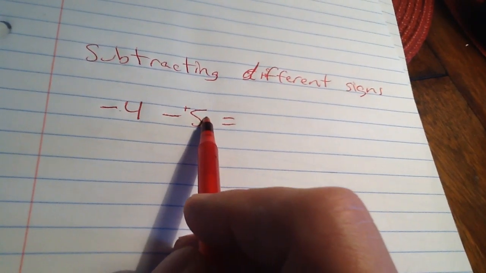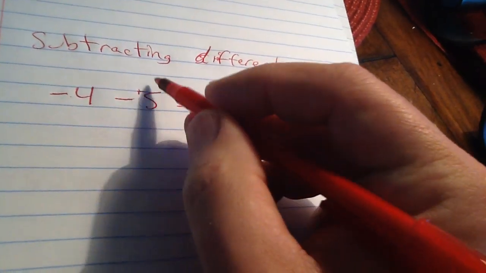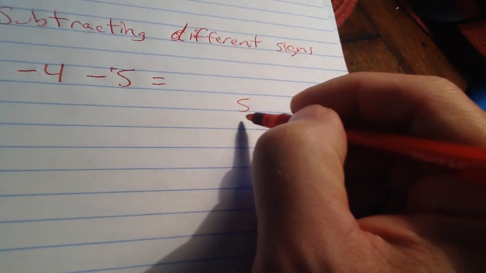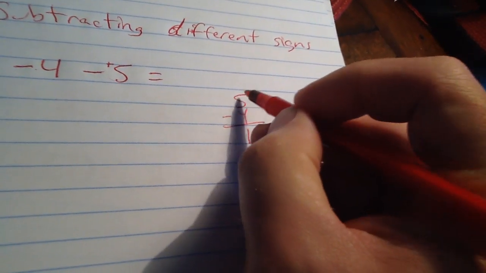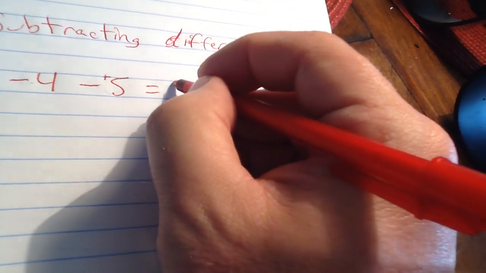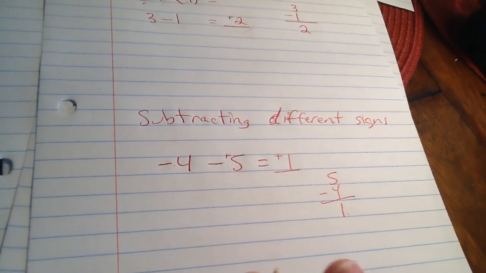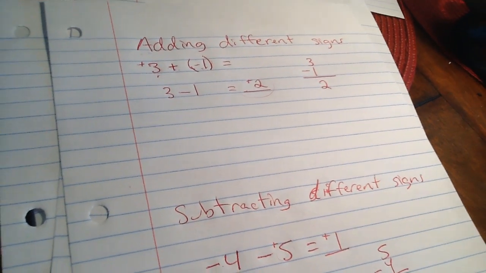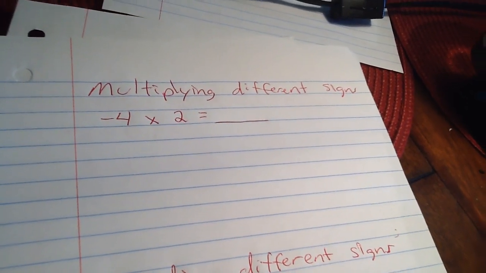You're going to subtract them, put the bigger number itself on top. So the difference between just the two pure numbers is 1, and you take the sign of the larger, which is positive 1. I can go into detail on that if I need to. Just let me know.